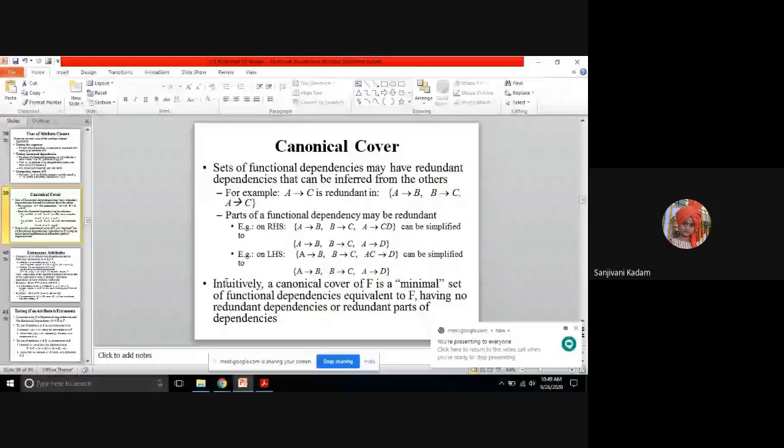So let us come to the canonical cover. Closure was containing all the functional dependencies which are existing as well as logically implied.